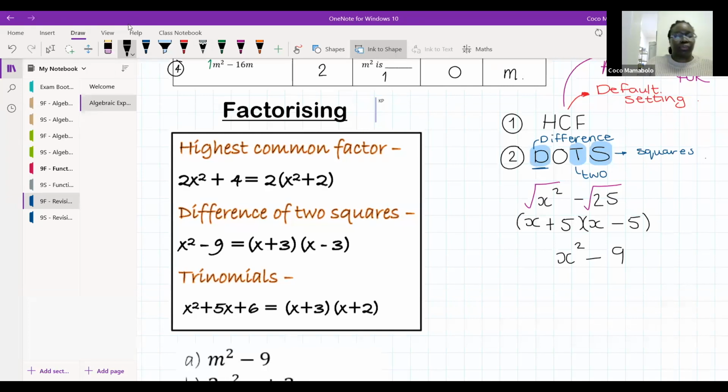Well done. Now that I know I have a difference of two squares, I can open two brackets. I can put a plus and a minus and put an x for x squared, and the square root of 9 is 3 and 3. If you put the minus first, it doesn't matter.